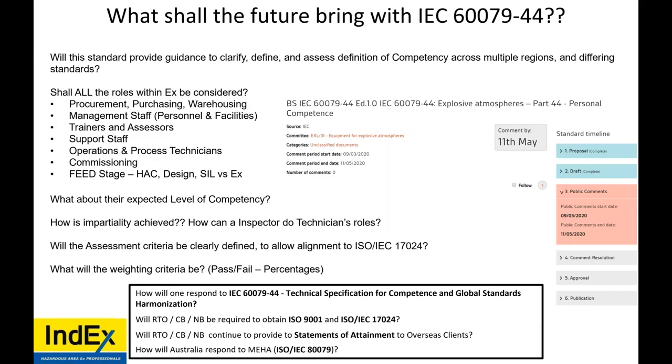Mike, one remark to this topic. I do believe it's very important. There are still countries all over the world where EX competency is regulated by the law, okay? And if this is the case, then this has to be followed. And this might be a unique one, a separate one, a dedicated one.